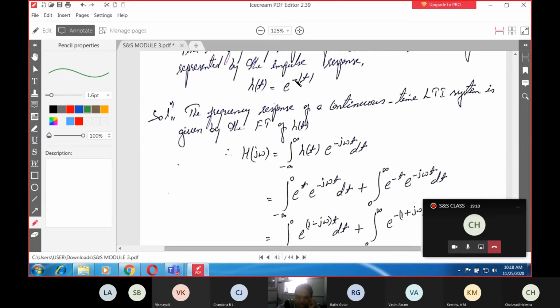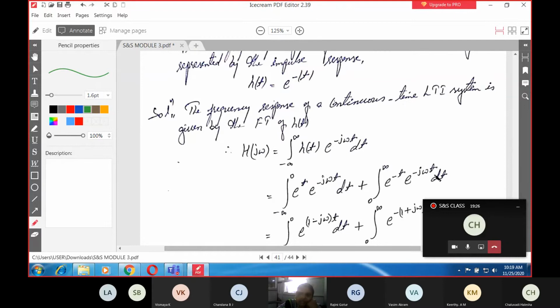Already minus is there for the negative values of t. Minus of minus plus t, e raised to minus j omega t dt, plus from 0 to infinity e power minus t, e raised to minus j omega t dt.